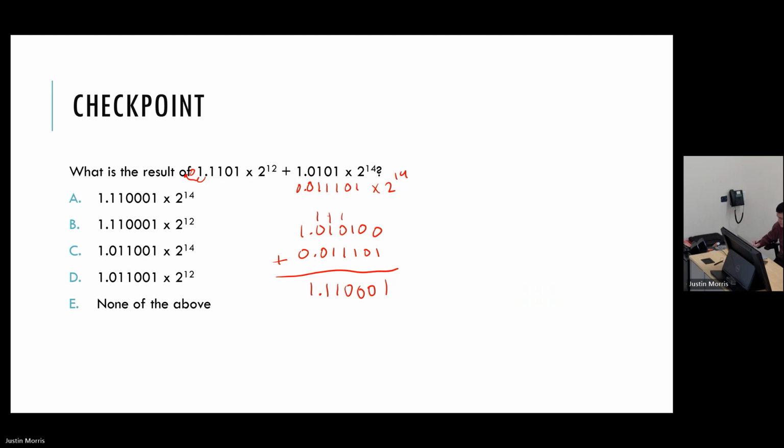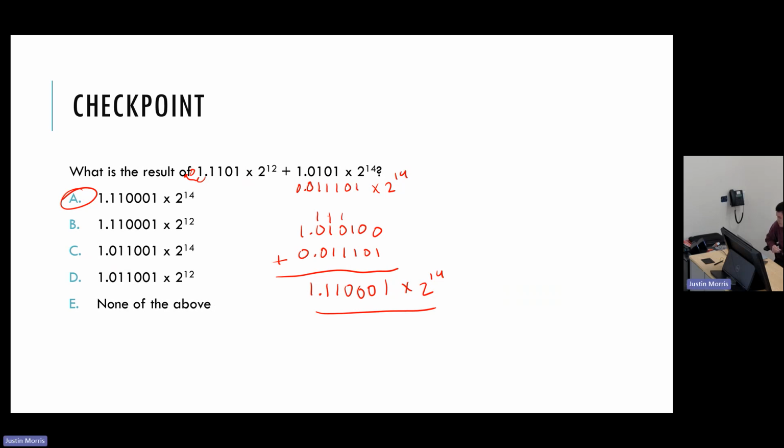Okay. Times 2 to the 14. So this one would be A. We don't have to renormalize because it's already in its standard normal form. So we see how it's the same.